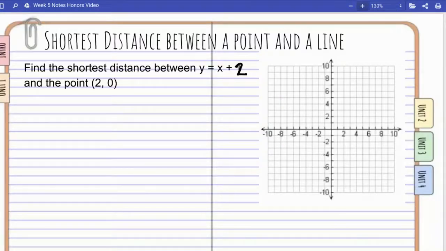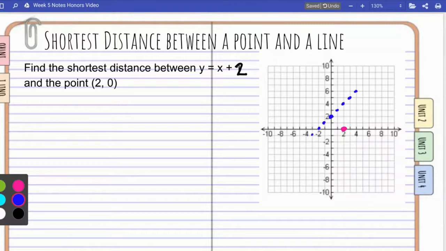Find the shortest distance between y equals x plus 2, I changed it to x plus 2 to make it a little easier on us, and the point 2, 0. So 2, 0 is here. To graph the line y equals x plus 2, I go up to positive 2, and it's going to be up 1 over 1 because the slope is 1.